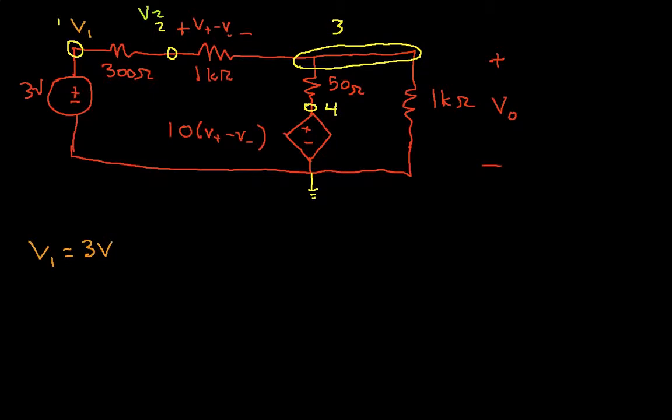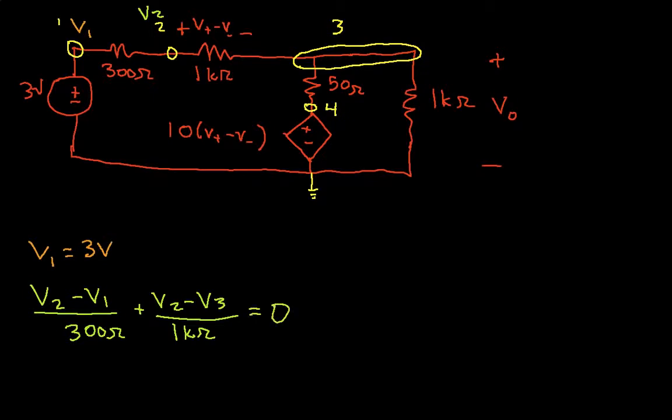We have then that (V2 minus V1) over 300 ohms plus (V2 minus V3) over 1k ohm is equal to 0.